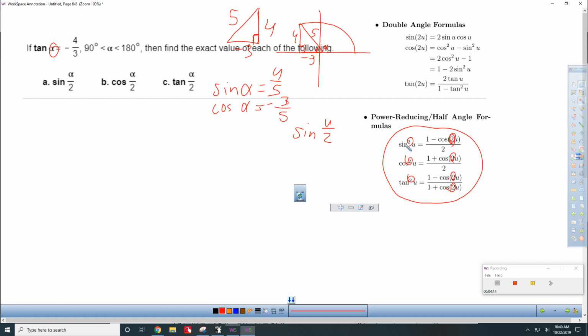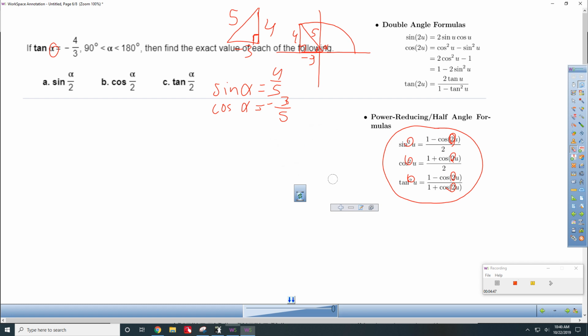So the equation is going to look like plus or minus radical of 1 minus cosine u over 2. That's going to be different for all of the other ones. So cosine of u/2 is going to be plus or minus radical of 1 plus cosine u over 2, and tangent of u/2 is going to be 1 minus cosine of u over 1 plus cosine of u. So just for that.